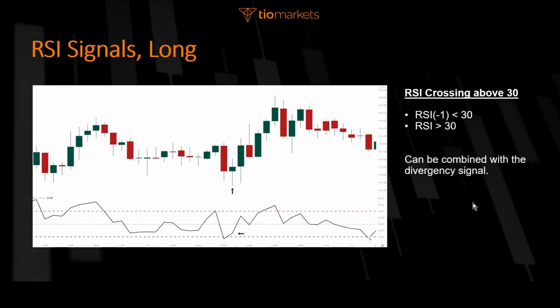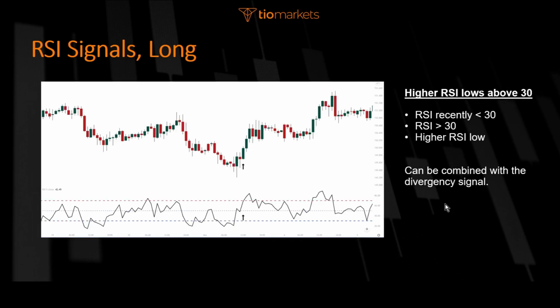So, moving forward, just a reminder, in the uptrend you can use all these signals: RSI crossing above 30, and then RSI creating a higher low above 30 after it's been oversold.